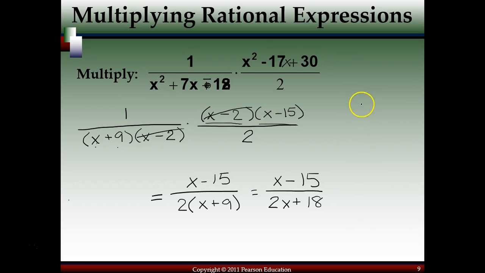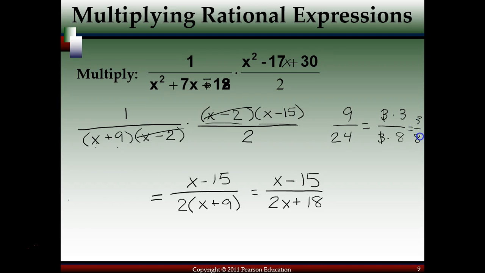Just like the first fraction that I had was 9 over 24, we split that out into factors, 3 times 3 and 3 times 8.